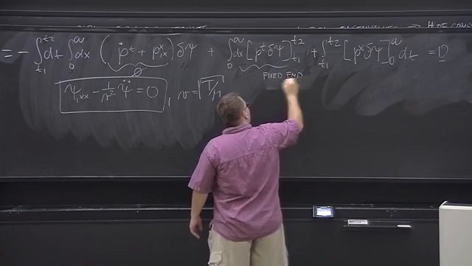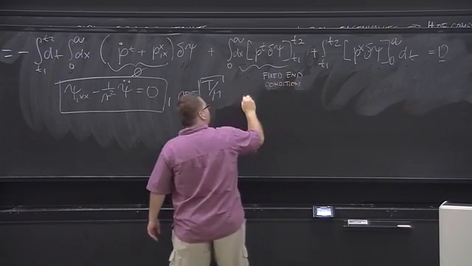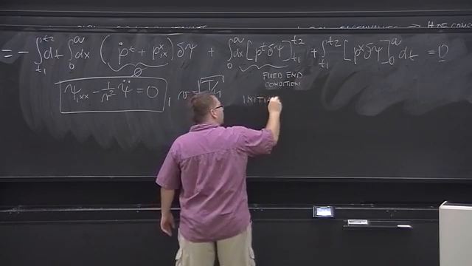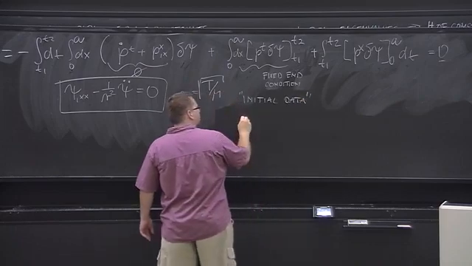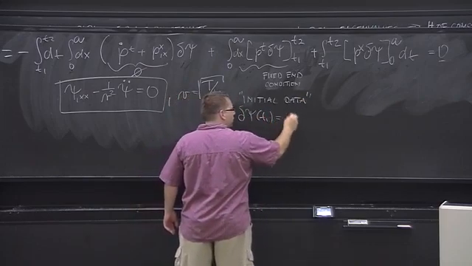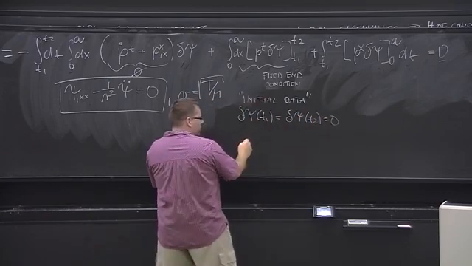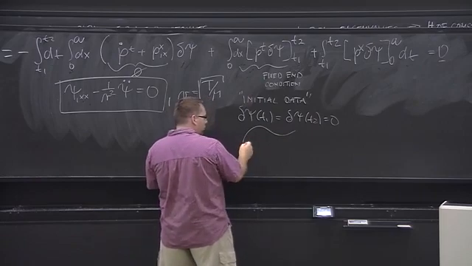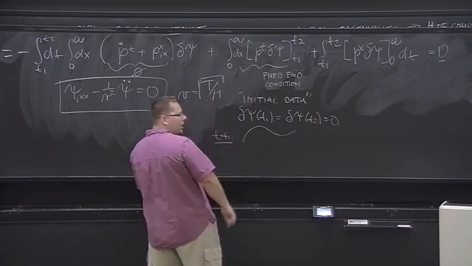So this is just a fixed end condition, which now actually tells me the initial data. So delta ψ at T1 and delta ψ at T2 are equal to 0. I specify how the string looks at T1, and I start evolving.